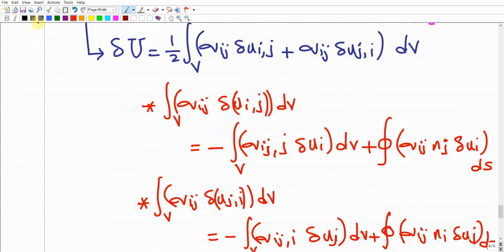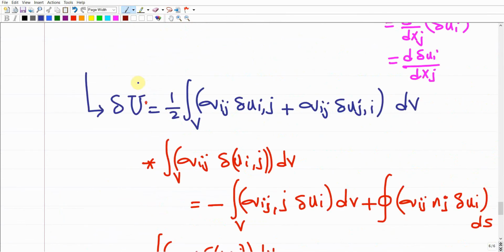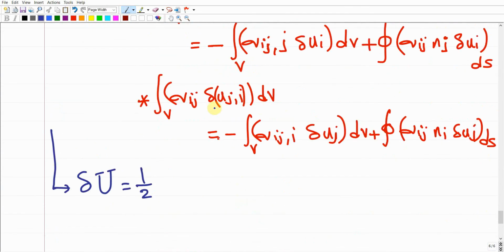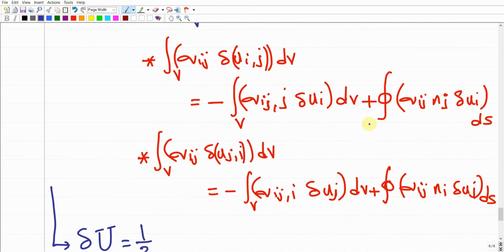So if we did so, we're going to end up with the first variation of the strain energy in this form: 1 over 2, and the integration will be distributed. If we did the integration over this one, it would be split into two terms.